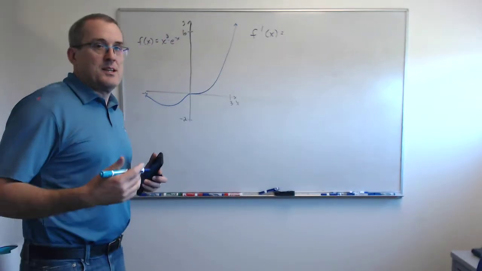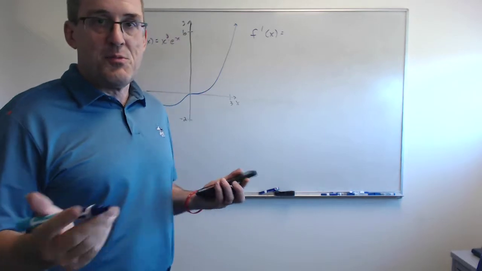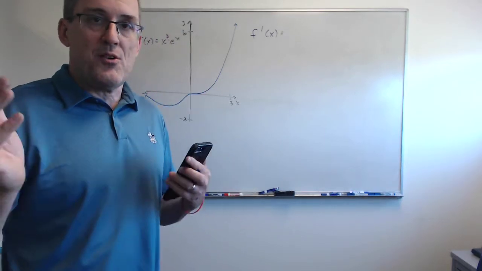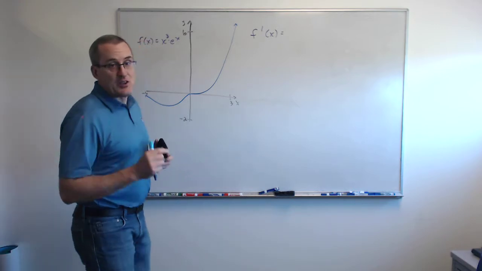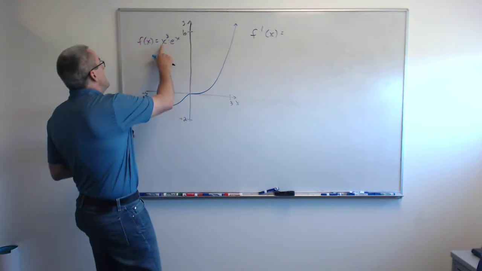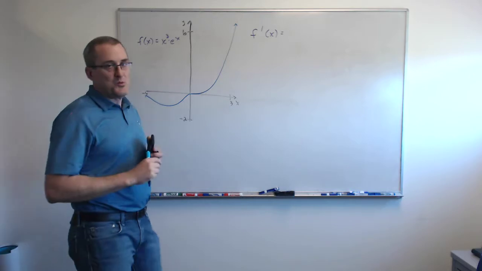Now here's what a lot of people think. In the classroom, if you were here with me, I just asked you to throw out your best guess. A lot of times people say this, because you've just learned some stuff in class about power rules and exponential rules.